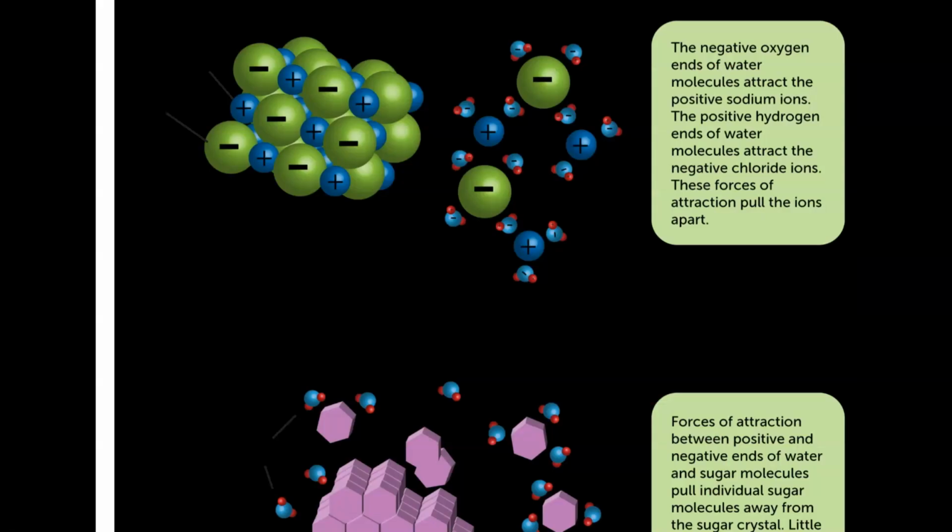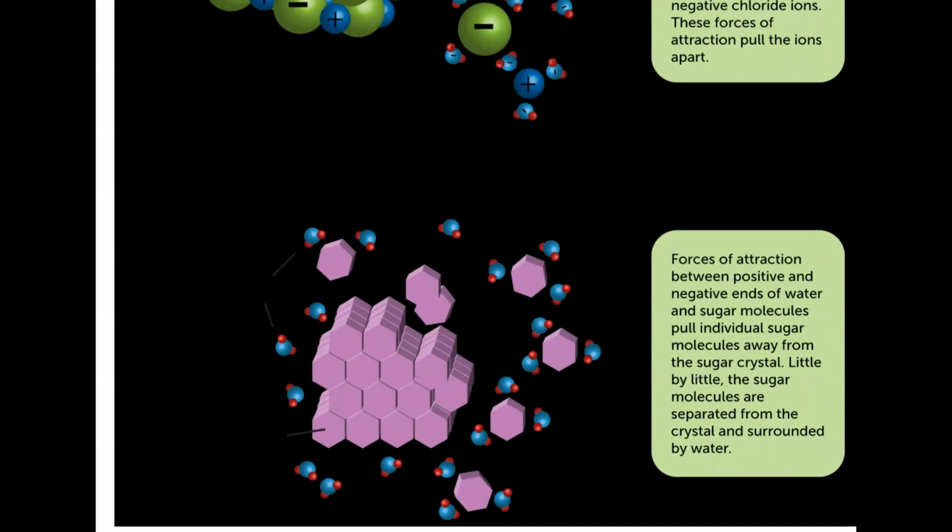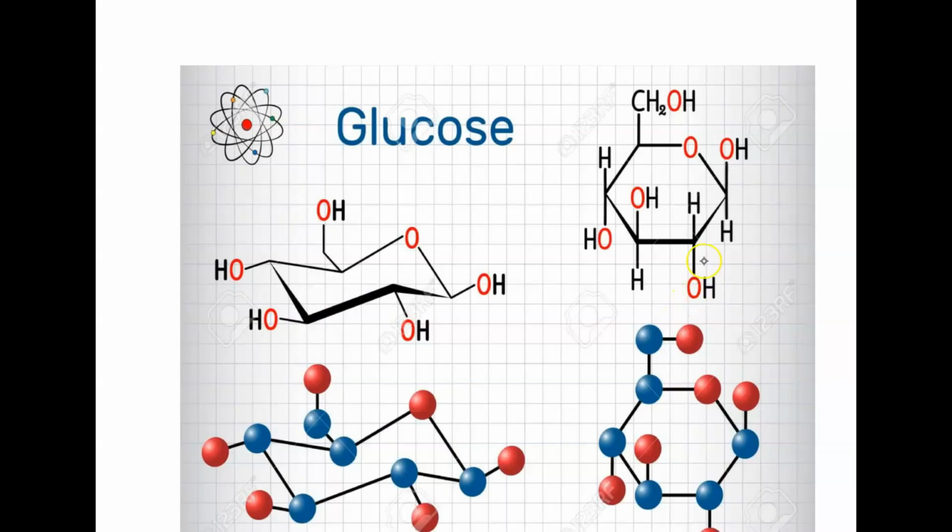So I have another diagram here. And what you'll see at the bottom is that we've taken this shape of our glucose. This is the ball and stick model. In this organic molecule, what you don't see, what we don't write, is that on each of these corners, there is an atom of carbon.